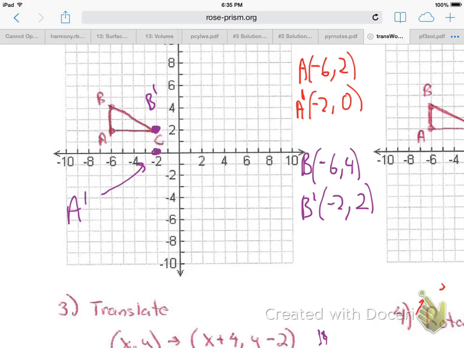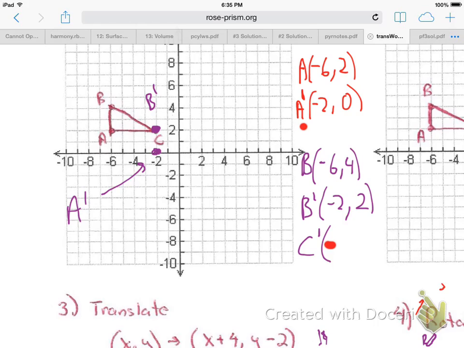Okay. And C prime, well, C was at -2, 2. All right.